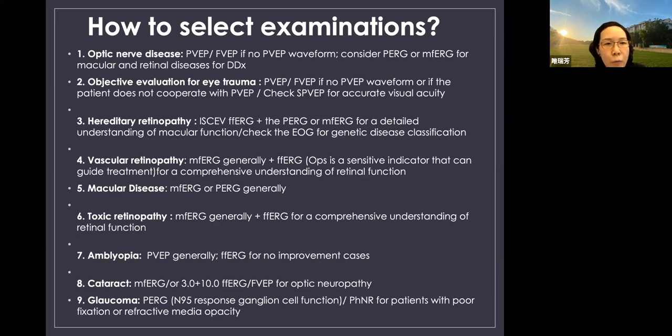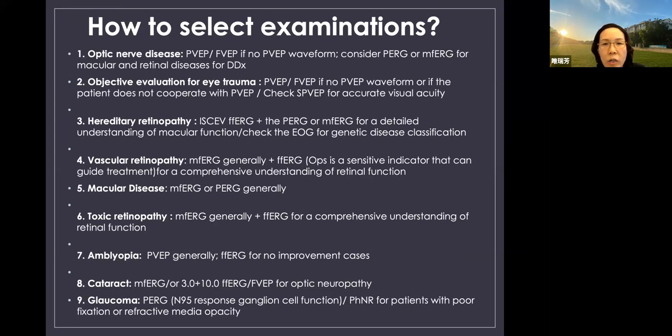For example, if we have a patient with optic nerve disease, we usually choose pattern VEP and flash VEP to evaluate.